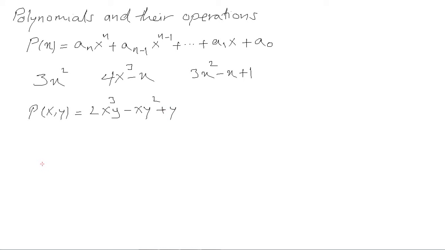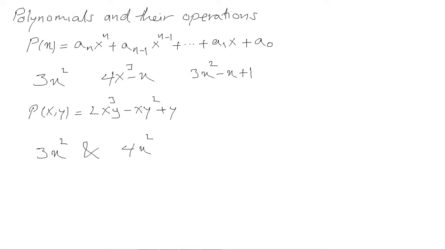For example, 3x to the power of 2 and 4x to the power of 2 are said to be like terms. Why? Because as you can see, they have the same variable x, and x has the same power 2. Yes, so the coefficient doesn't matter because you have x squared in both cases. These two monomials are like terms.